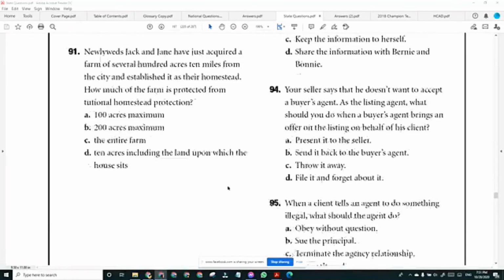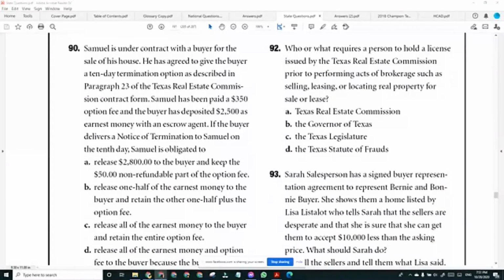All right, 92. Who or what requires a person to hold a license issued by the Texas Real Estate Commission prior to performing acts of brokerage such as selling, leasing, or locating real property for sale or lease? A, TREC. B, the Governor of Texas. C, the Texas Legislature. D, the Texas Statute of Frauds.